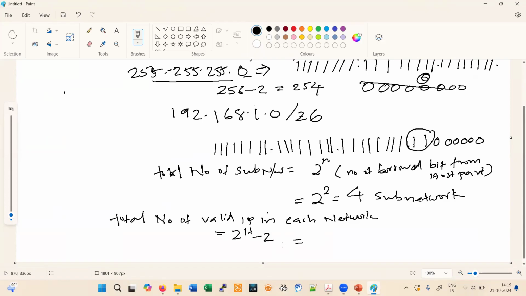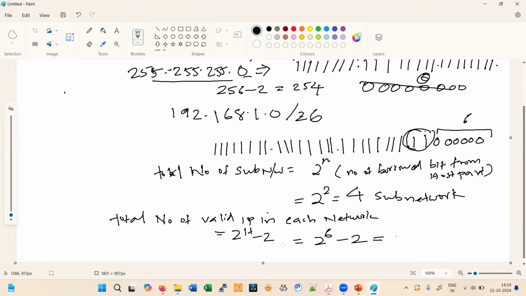By default, for class C, we have 8 bits in the host portion, but now we use /26. So we have taken these 2 bits for the network. The remaining bits are 6, right? So the answer would be 2 raised to 6 minus 2. 2 raised to 6 means how much? 2, 4, 8, 16, 32, 64, right?